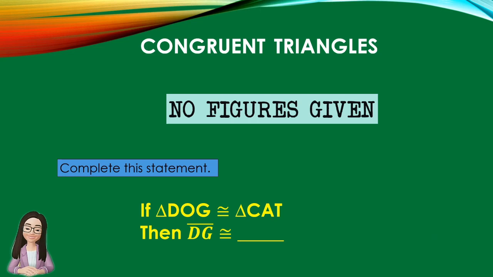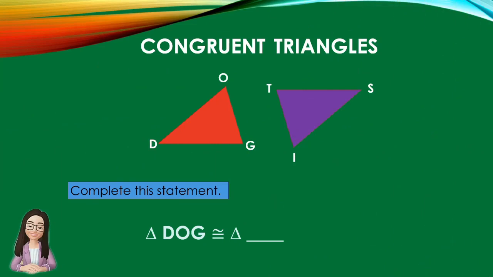Did you get the same answer? Congratulations! Now, by observing the number of tick marks on both triangles, can you determine the triangle congruent to triangle DOG? Time is up! Yes, the answer is triangle SIT.